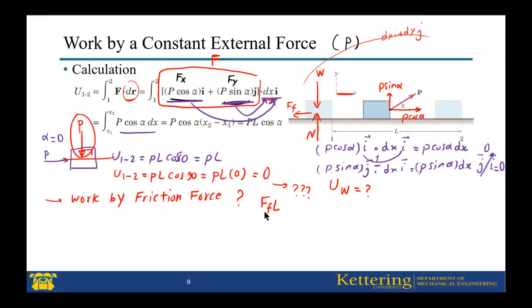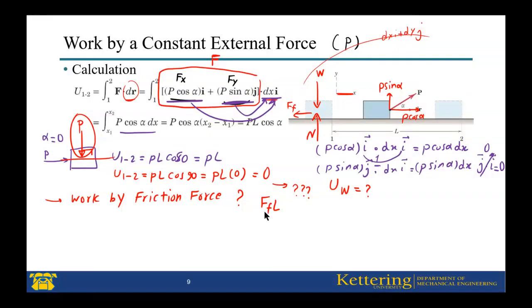Because if this one is moving in this direction, the frictional force will be in the opposite direction. The alpha, I just write it here, in PL cosine alpha will be 180 degrees. Cosine of 180 degrees is minus.